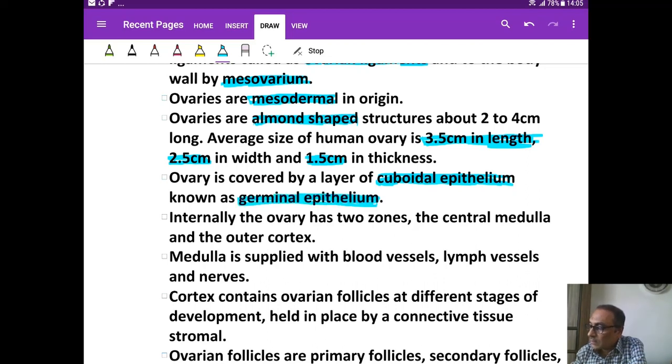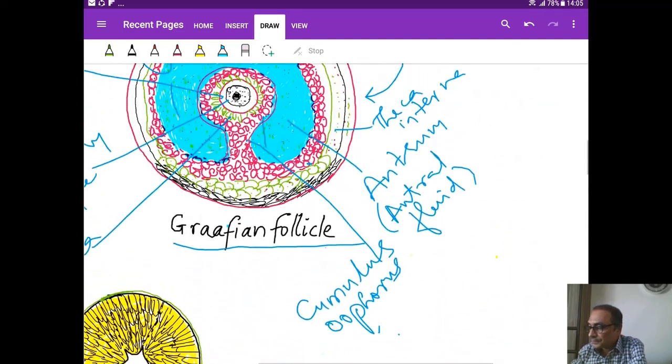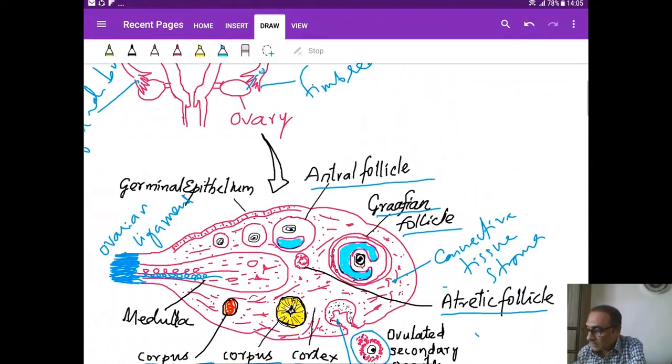Let's say its position, its location in the diagram. Yes, this one. This is the cuboidal epithelium, germinal epithelium, that continues and covers the ovary externally.